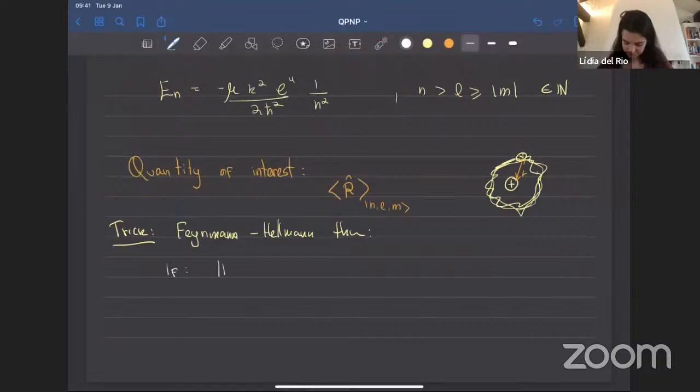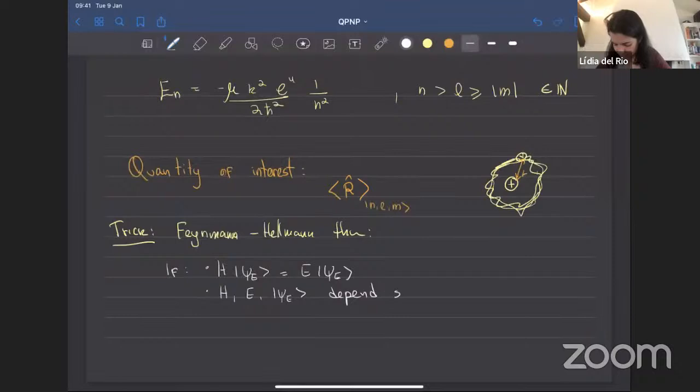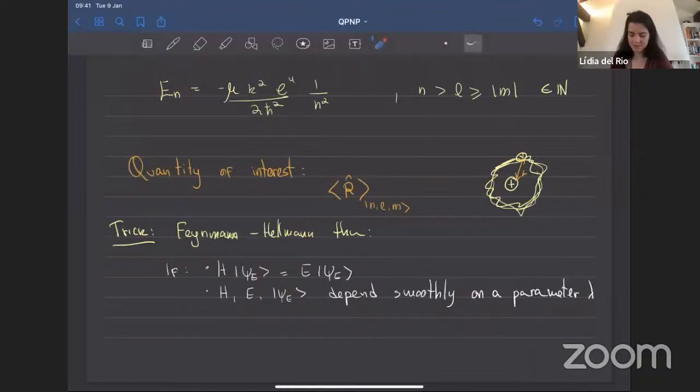Okay, so the claim is the following. If I have an energy eigenstate, and both H and E and the formula for the state all depend smoothly on some parameter lambda, meaning, for example, that in the expression for the energy, there are some parameters here, not n because n is discrete, but for example k, En is continuously differentiable in k.